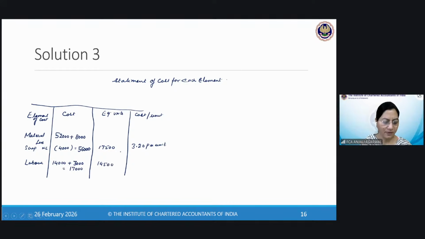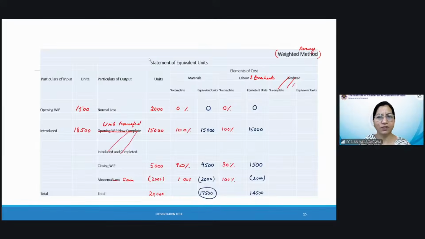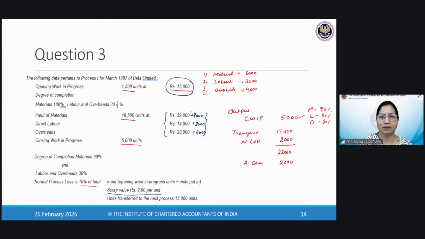So the labor cost per unit becomes 17,000 divided by 14,500, which is a fraction of 1.1724. Now I'll round it off to some number which might create a difference in total, so you can adjust it. 52,000 came. Okay. 52,000 is given in the question.